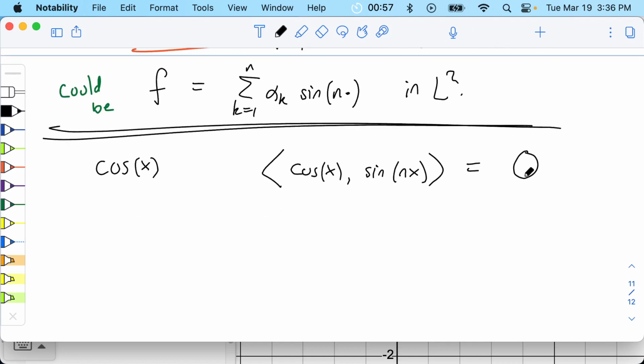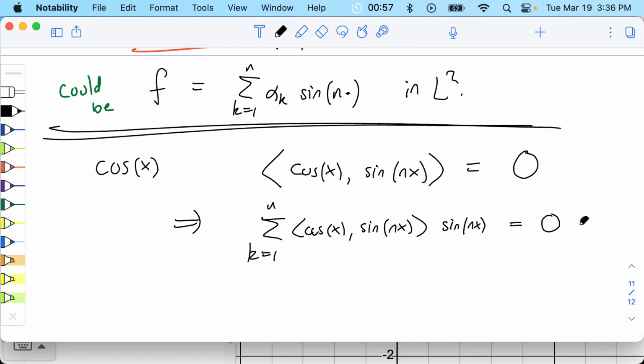Very nice. These numbers are 0, and therefore the sum of the first n terms of cosine of x times sine of nx will be the 0 function, because you added up a 0 coefficient times the sine. When you do the first n terms, you get 0 plus 0 plus 0. They're all 0, and when you add them up, it's just 0.